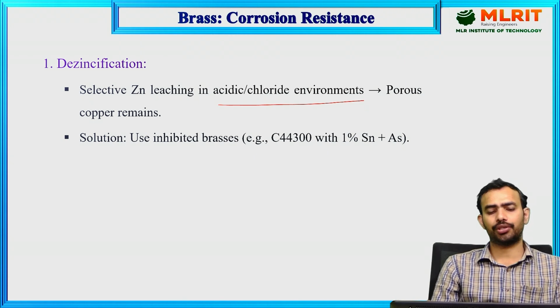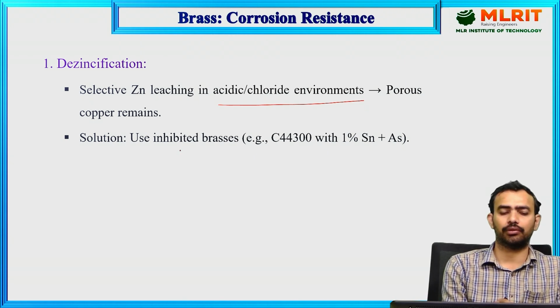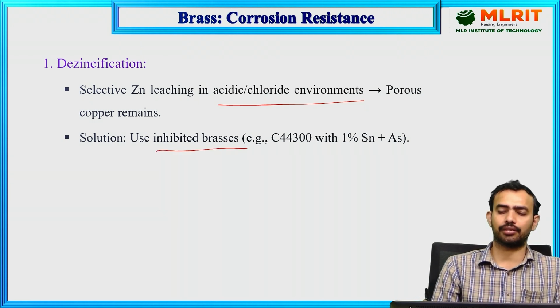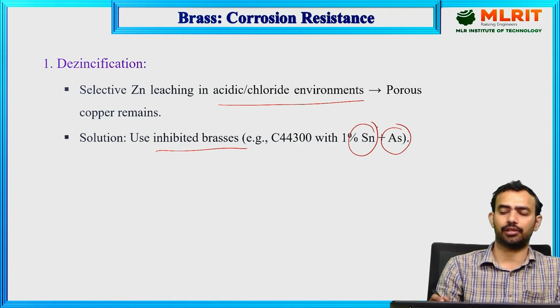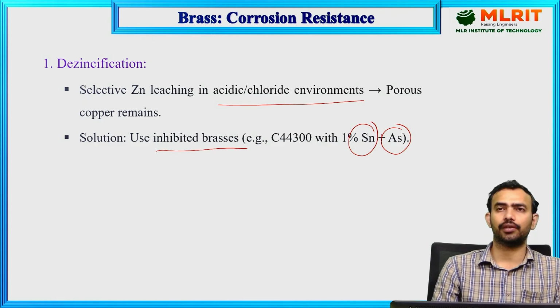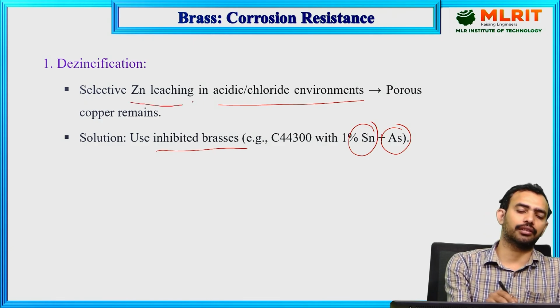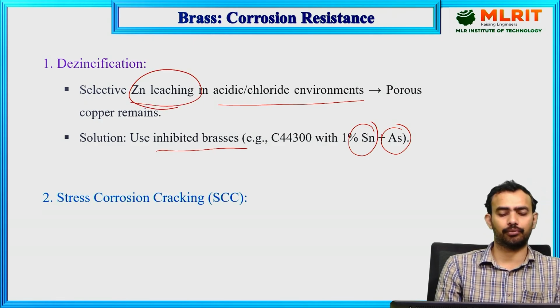What is the solution? We have to use inhibited brasses, where tin and arsenic are added. Up to 1% tin along with arsenic can be used to prevent this zinc leaching problem.